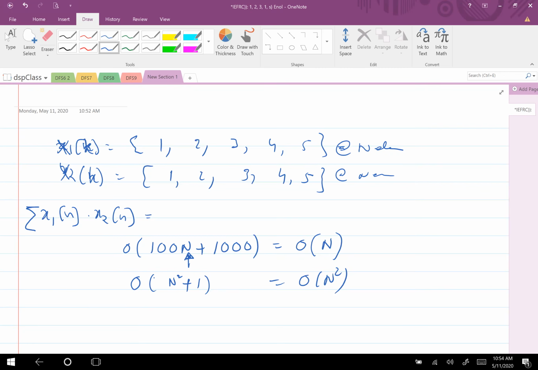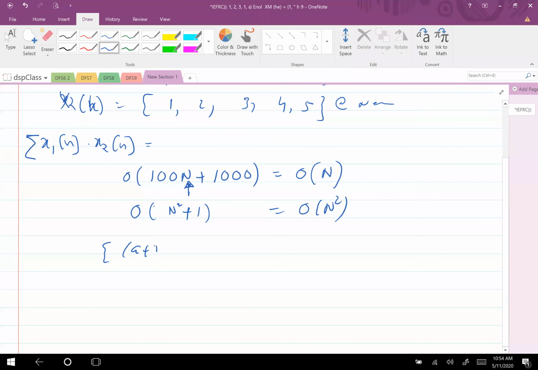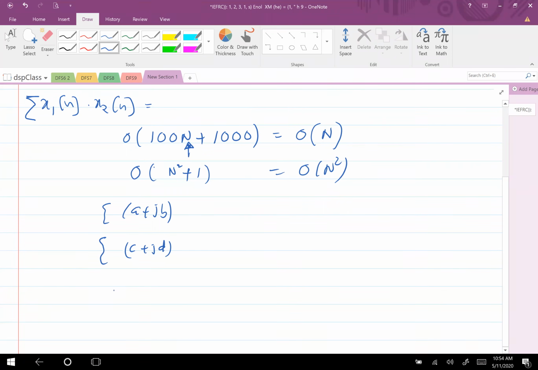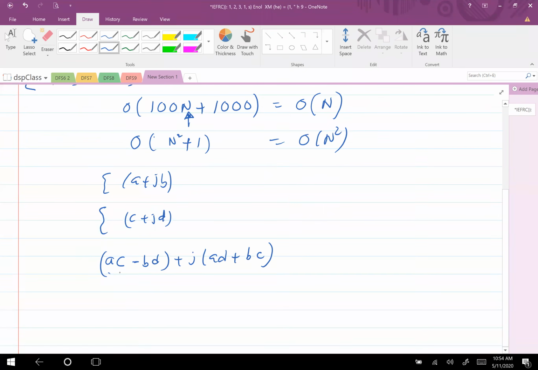So for example, for your question, let's say I have here a plus jb and here c plus jd, and I am doing multiplication. How would I get the product? AC minus BD plus j into AD plus BC. Is it not? So for each element, this is equivalent to 4 multiplications and 2 additions.